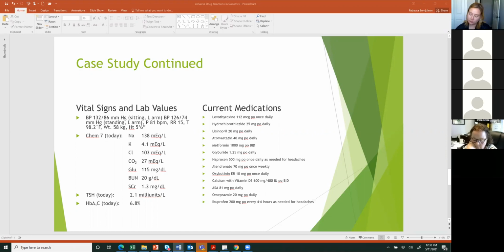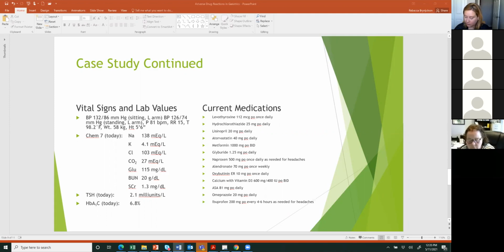There are also some variations in the way creatinine clearance is calculated. Different calculators might give you different responses based upon whether they use actual body weight, ideal body weight, adjusted body weight, those types of things. And there are different situations where you may consider using different weights. But overall, it's important to remember that creatinine clearance is an estimate of renal function. It's not a perfect number, but it does help guide us in making decisions.